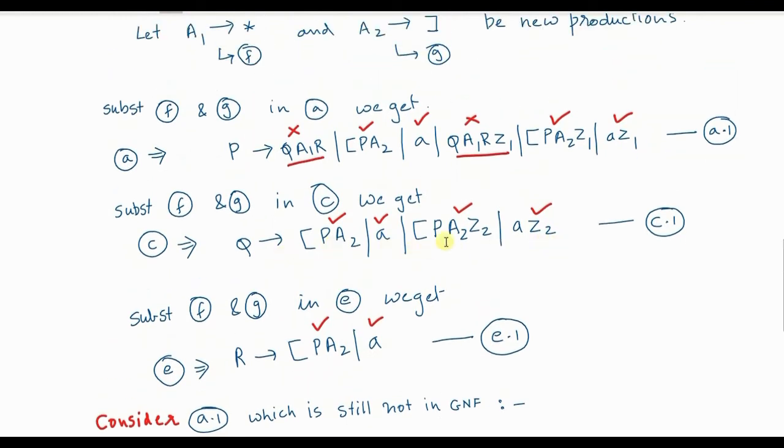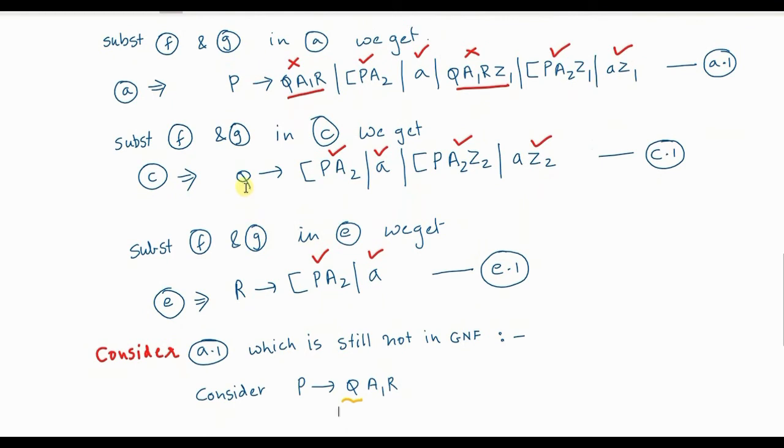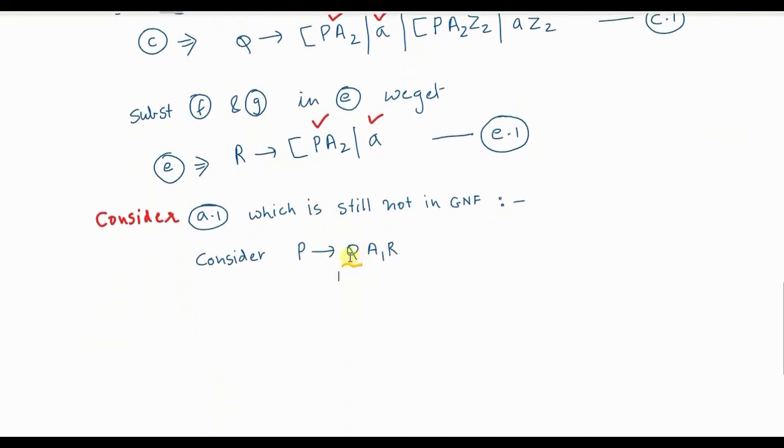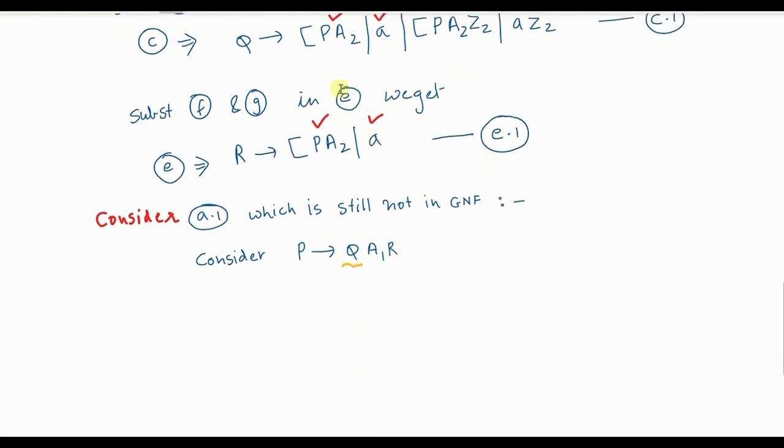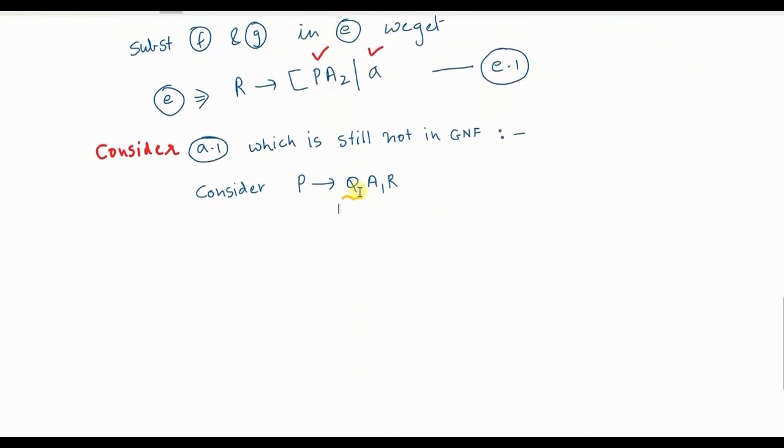This is the new Q production, C.1. So each term over here, that is Q, if you replace with each term from the right hand side, what will happen? All these terms you see, they are already in GNF. So if you replace these terms over here, this entire production will be in GNF.